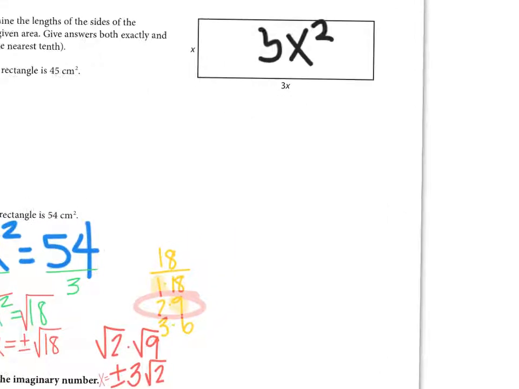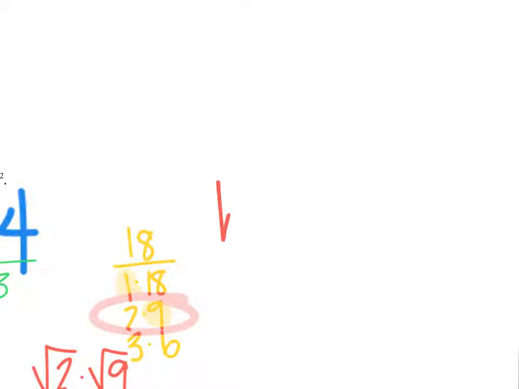No, so I'm really only focusing on the actual height of my rectangle, which is 3 times the square root of 2. It's the positive version of that. So that is the exact form. To find the decimal form, we need to put 3 times the square root of 2 in the calculator and see what it gives us. It's actually going to give us a decimal, a real number, that we can tangibly understand.